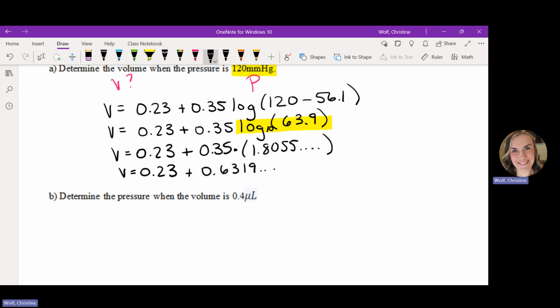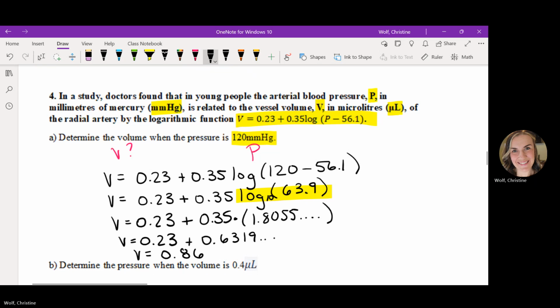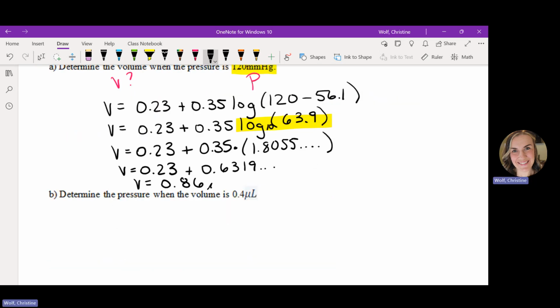And then all I do in the end is add the 0.23, and you should get 0.86. And volume is measured in microliters. So your calculator does your work for you when it's a base 10 like that.